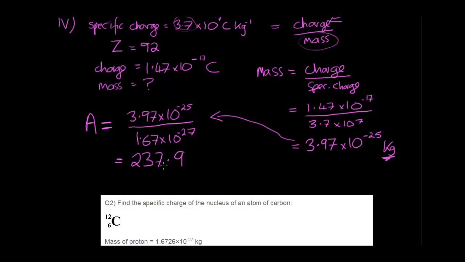Now hang on a minute, you can't get 0.9 of a nucleon, so what we have to do here is round to the nearest. That error has crept in due to probably the significant figures here, so that's okay to do. 238 nucleons, and this is known as uranium-238, funnily enough.